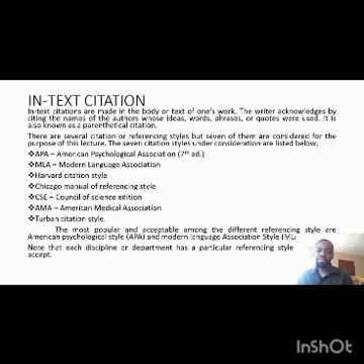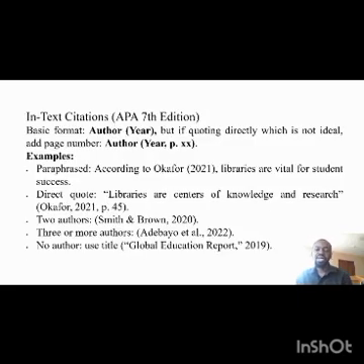The current edition being used is the 7th edition. We have MLA, we have Harvard, plenty of them. It's worth noting that each discipline or department has its own preferred referencing style, but majorly many persons use the APA 7th edition and MLA.